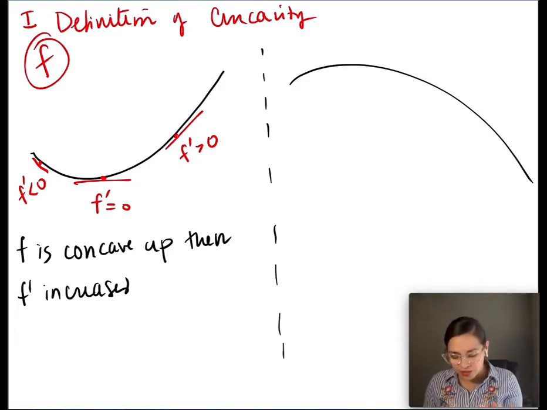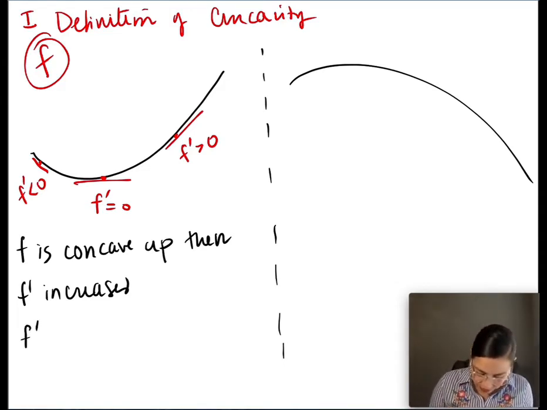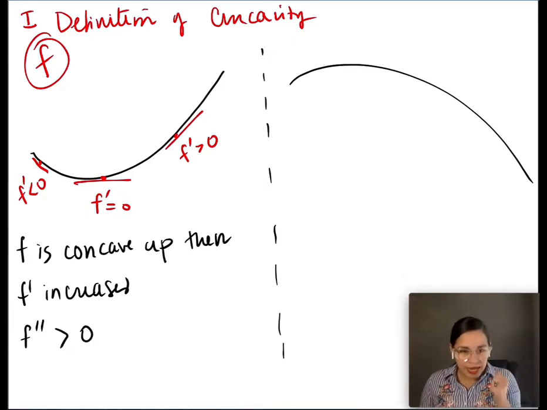So if a function is concave up, then the derivative increases, meaning the derivative of that function is positive, meaning the derivative of my derivative is positive, meaning the derivative of my function, so f double prime, is greater than 0.